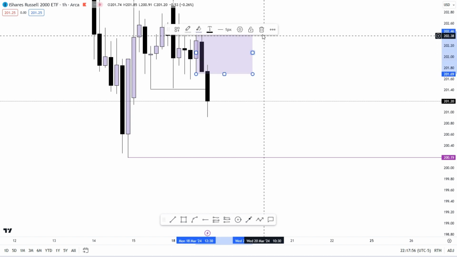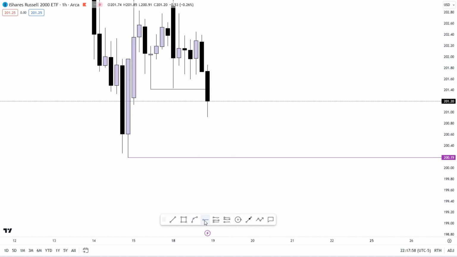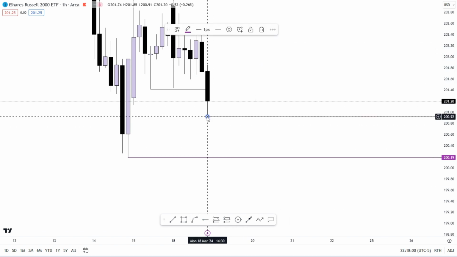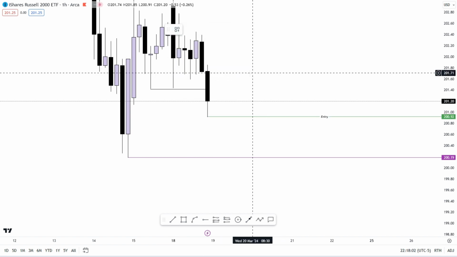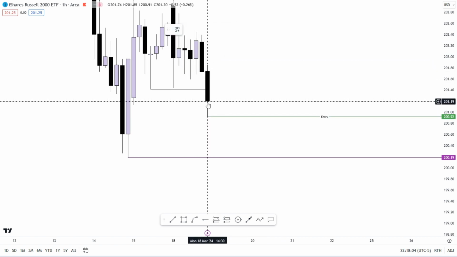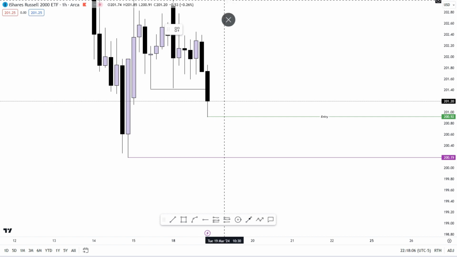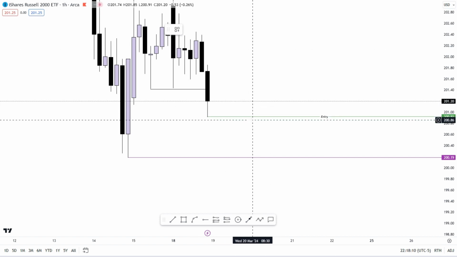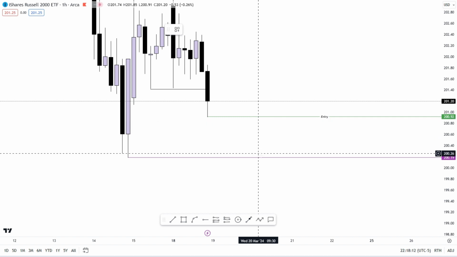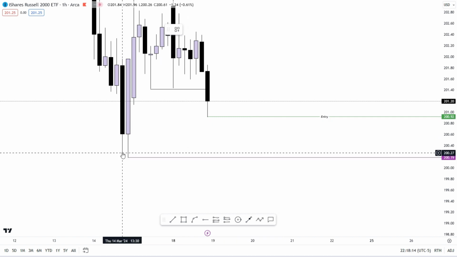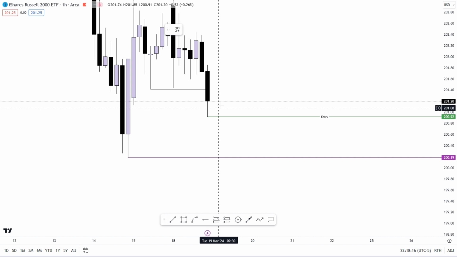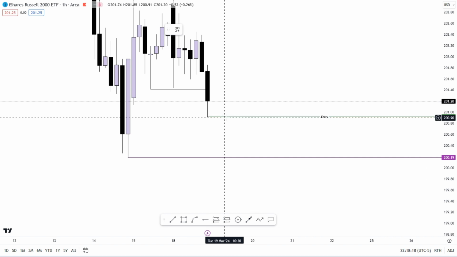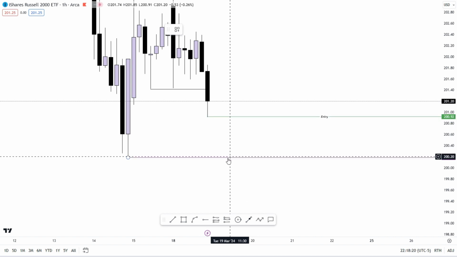But another possibility is that when price opens in the morning, you can wait for price to trade up or do whatever it's going to do, and maybe eventually later in the week, as soon as price crosses this, we'll be looking for it to come down and take this low out. And so your trade would look like an entry somewhere here, and then you would sell your put right here.